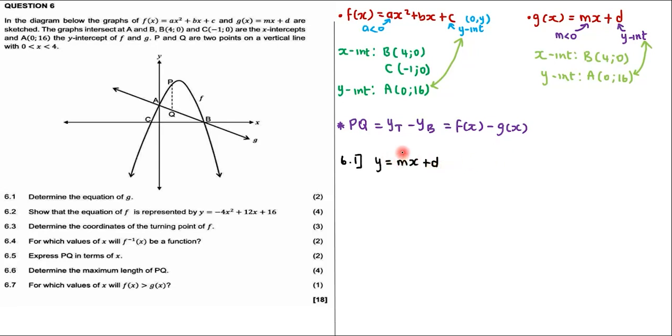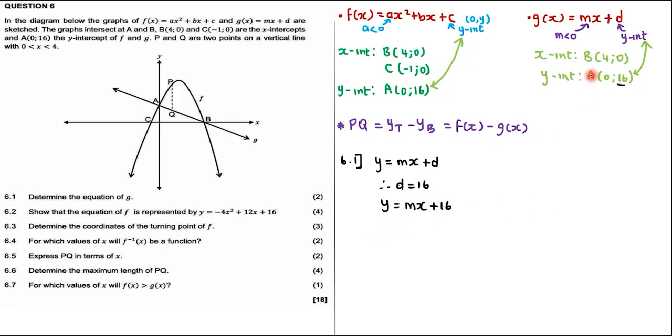Now here we need to find the gradient of this graph and also the y-intercept, right? Luckily we already have a y-intercept which is 16 right there. So this means the value for d will be exactly 16. Updating this gives us y equals mx plus 16, and now we need to find the gradient.